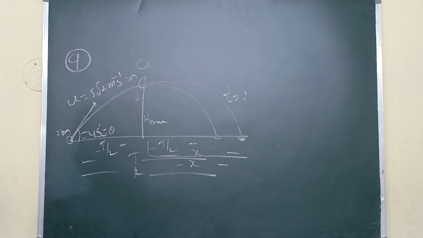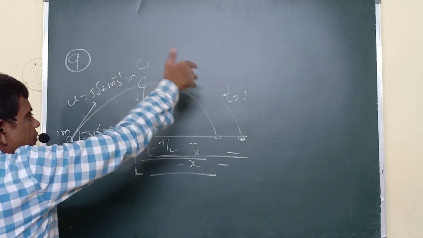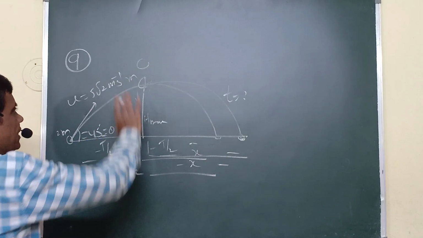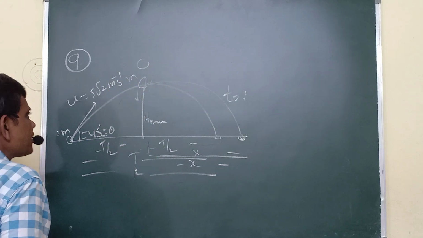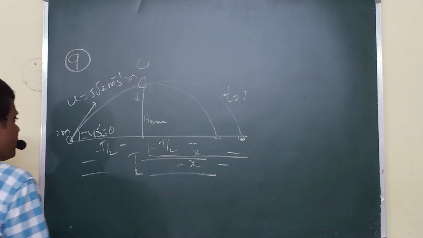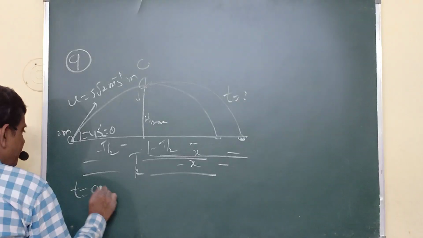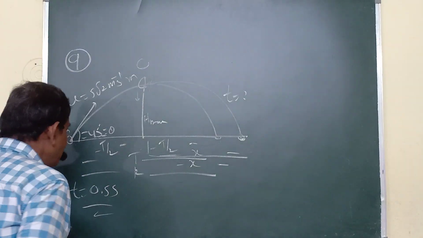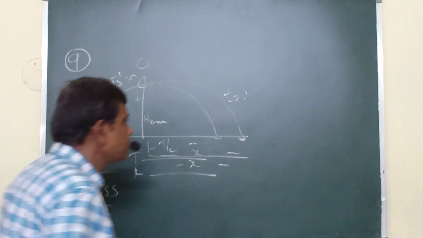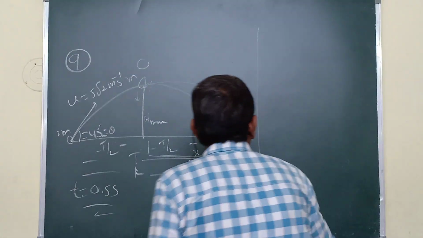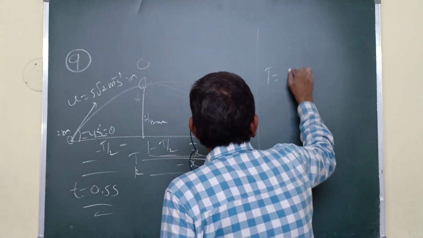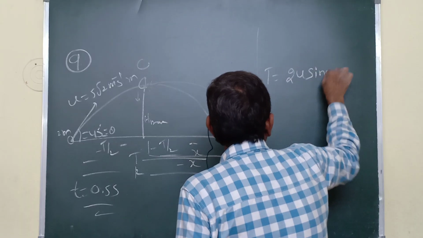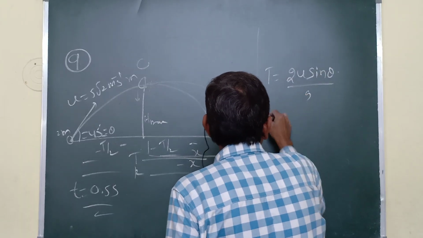From what you are given, after 0.5 seconds the splitting happens. So this is exploding into two parts. What is the time? This is 0.5 seconds. First you find the total time of flight. Time of flight equals 2u sin theta by g.